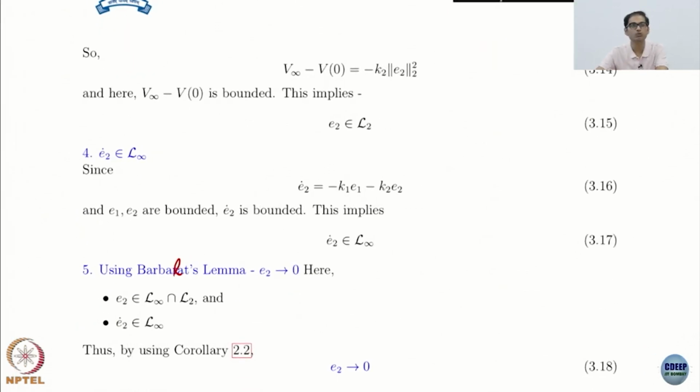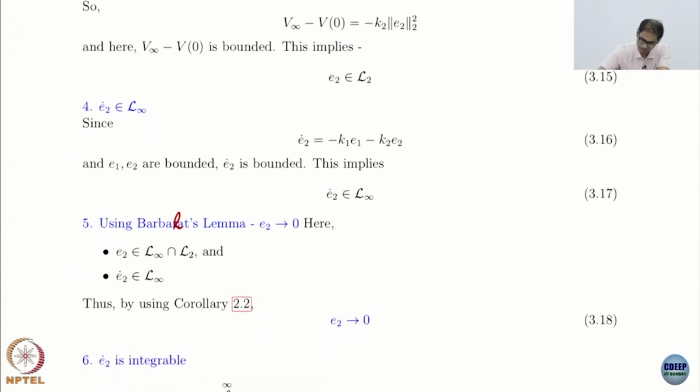On the signal E2, E2 is L infinity and L2, and E2 dot is L infinity. So by the corollary to Barbalat's lemma, I have proved that E2 goes to 0. So whatever appeared in the V dot, the first set of steps proves that it goes to 0. We have done that. Alright, great.